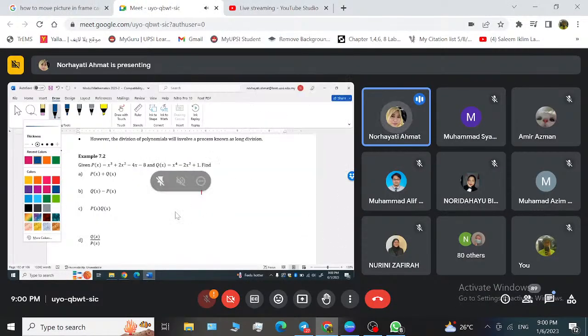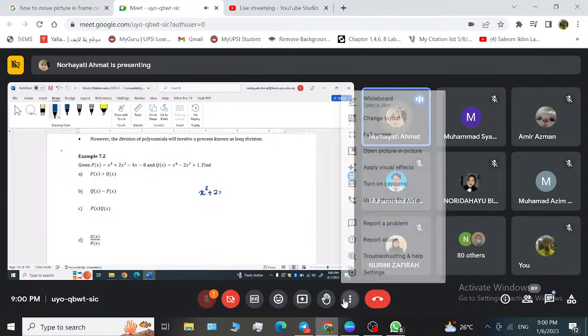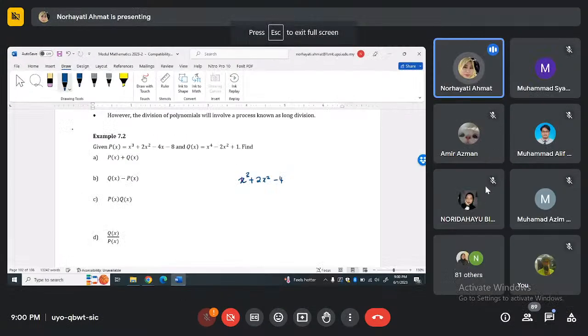So P is x cube plus 2x square minus 4x minus 8 divided by x plus 1.